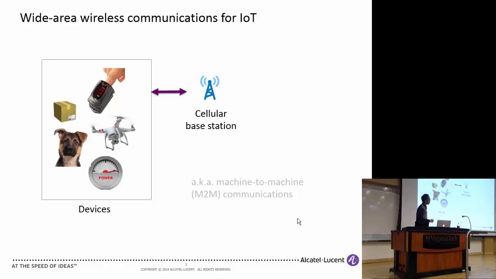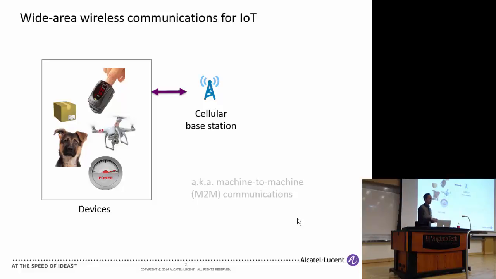And so for each of these examples, you can think of how a cellular infrastructure could be used. You could have remote health monitoring. If you didn't have a smartphone, if you didn't have a nearby Wi-Fi access point, you're walking outside, how can you keep track of someone's health?